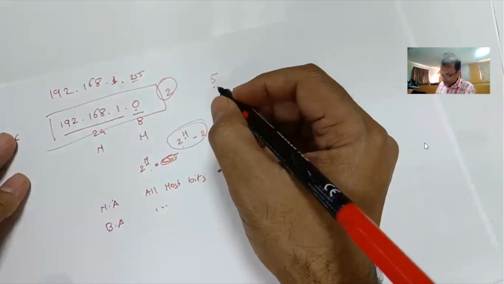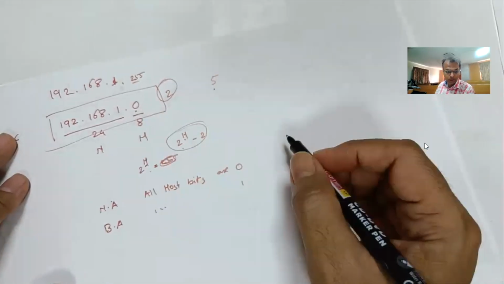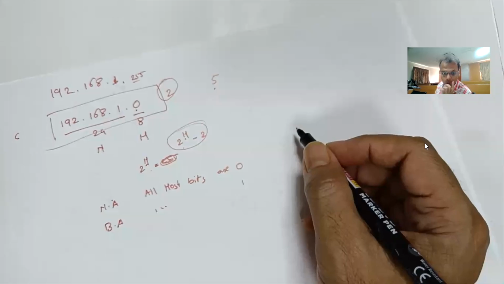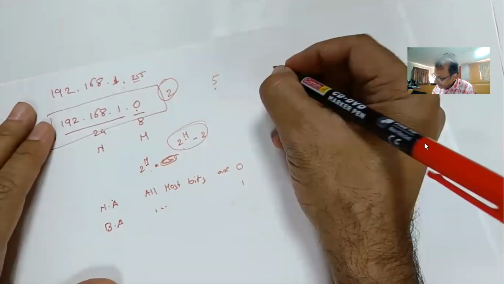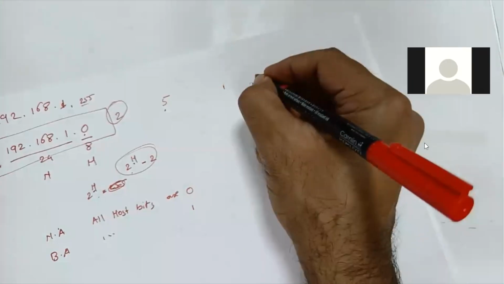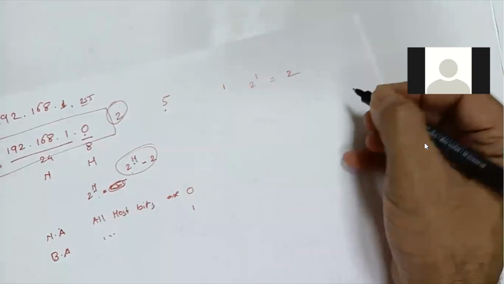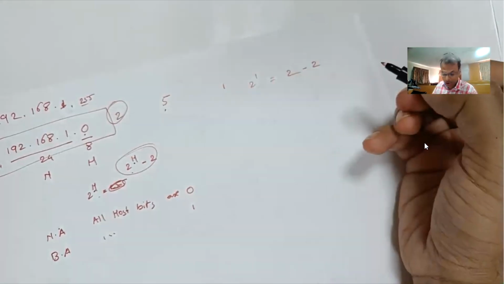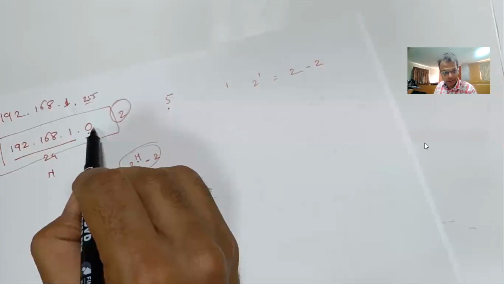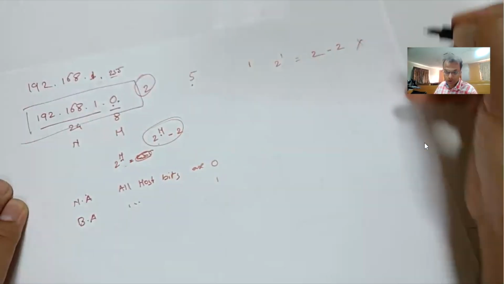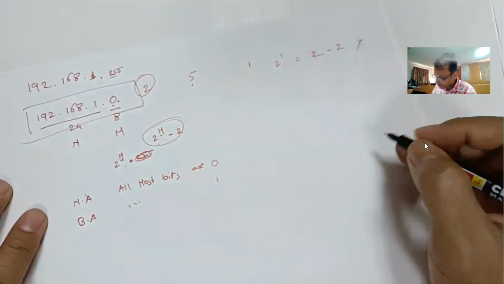So how many bits do I need in the host part? Minimum bits. If I take only 1 bit as a host, 2 raised to 1 is only 2, out of which I have to subtract 2 IP addresses, 1 for the network address and 1 for the broadcast address. So this scheme is not possible to assign any IP address.